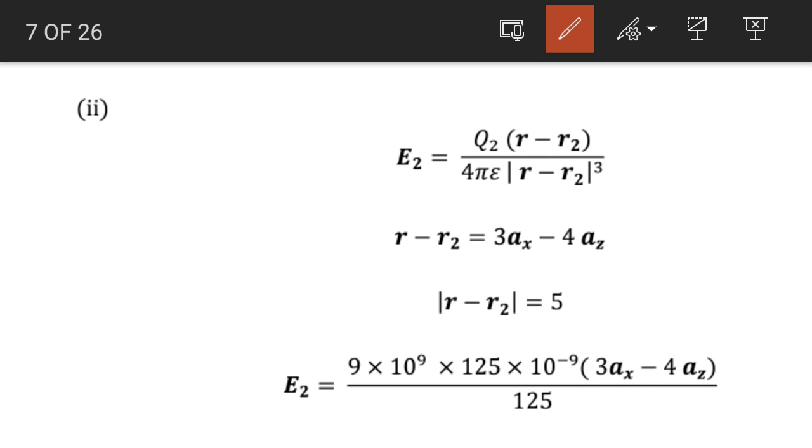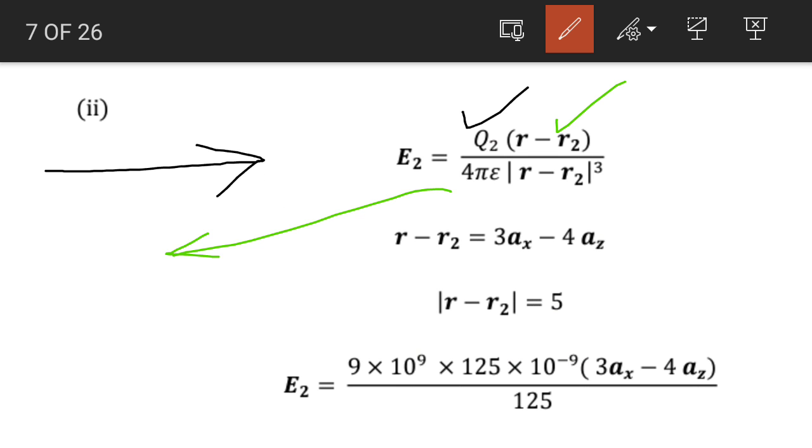For the second part, we consider this particular equation. We calculate the electric field intensity with the help of this equation. E2 will be equal to Q2, the magnitude of the charge of the second source, times R minus R2, the vector which extends from the second source to the point under observation. 1/4 pi epsilon naught in this case is 9 into 10 raised to power 9.